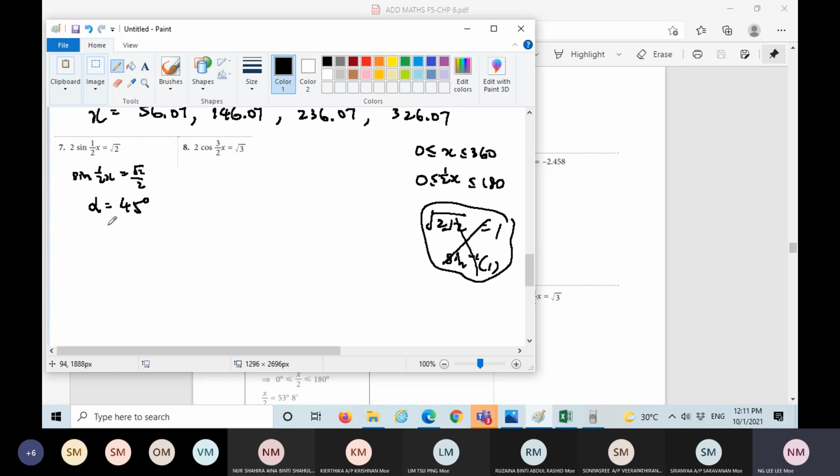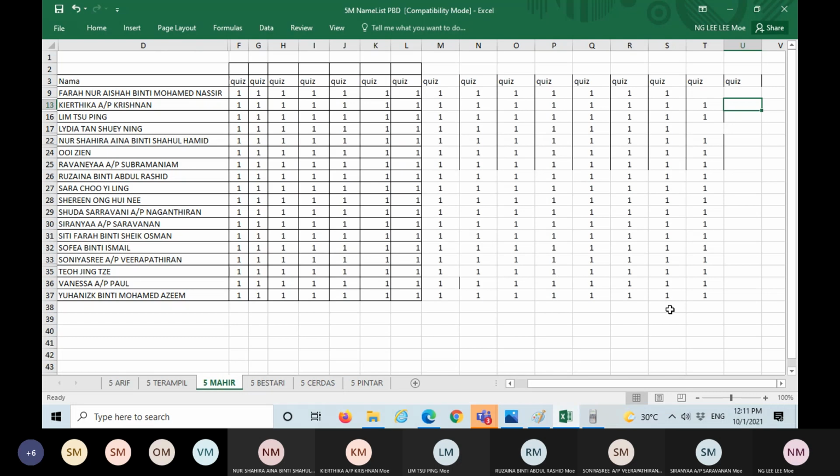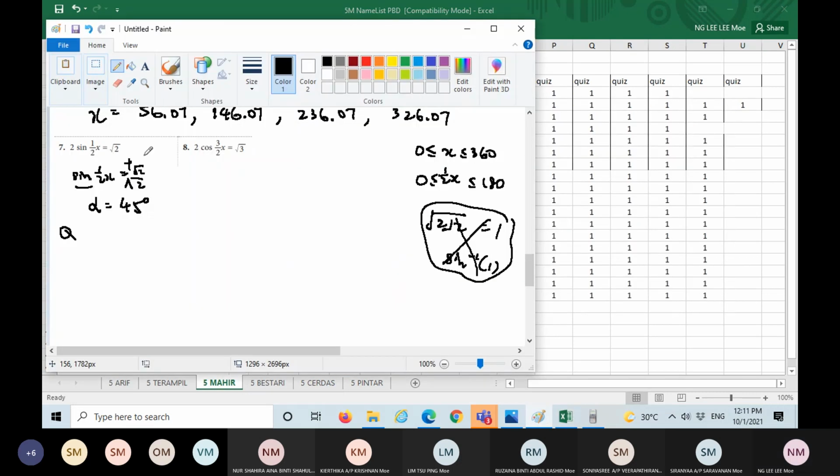So I continue. This is our alpha, 45 degrees. This is sine and this is positive, so sine positive. Who's the next girl? Tell me in which quadrant? Suping? 1 and 2. Oh, teacher is crazy, this is 1, 2, 3, 4.